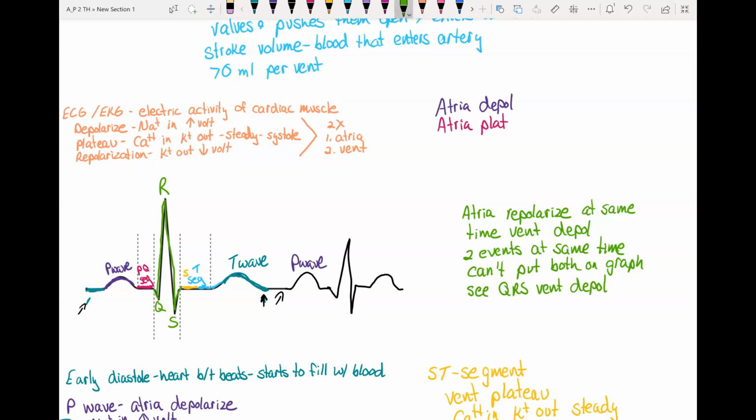Then we have the ventricles depolarize and the atria repolarize at the same time. That's the QRS. Then we go into the ventricles plateau, then the ventricles repolarize. There's your steps.